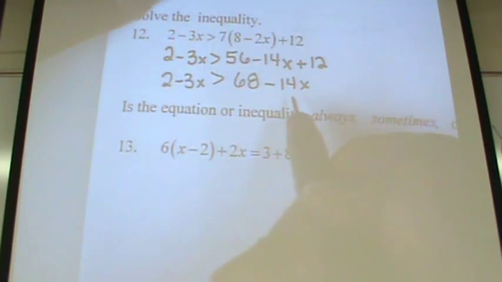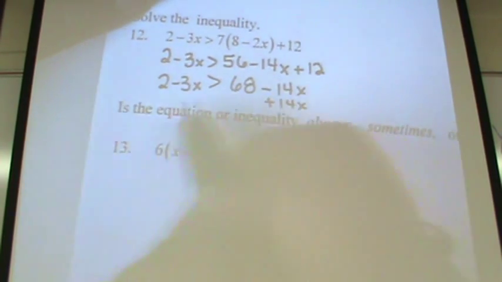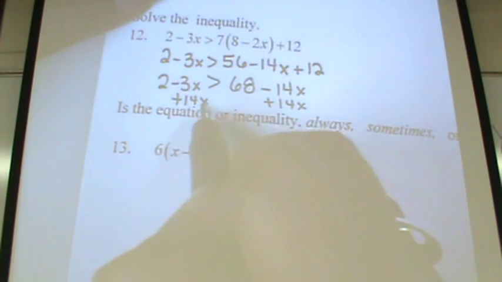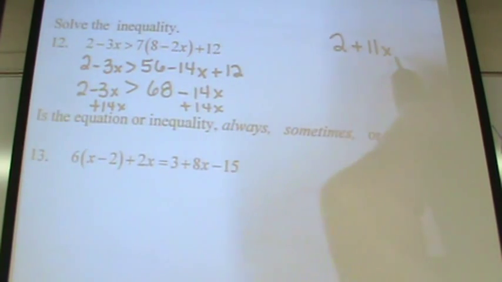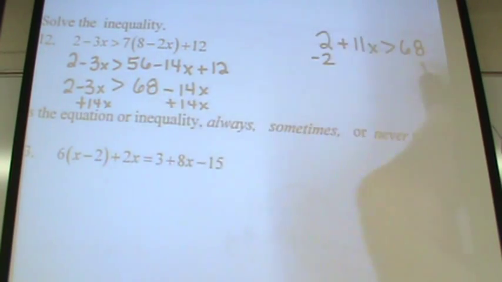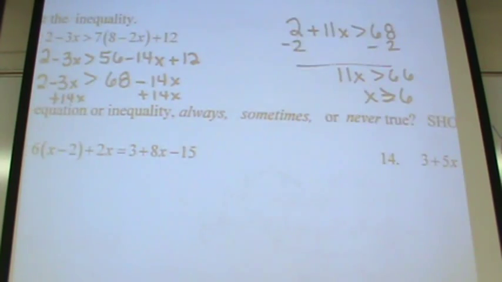Okay, the smaller variable is the negative 14x. So I'm going to add 14x, add 14x. So I get 2 plus 11x is greater than 68. I subtract 2. 11x is greater than 66, and divide by 11, and you get x is greater than 6.